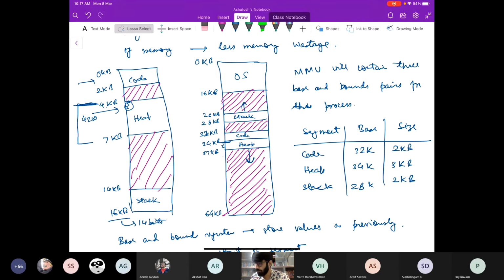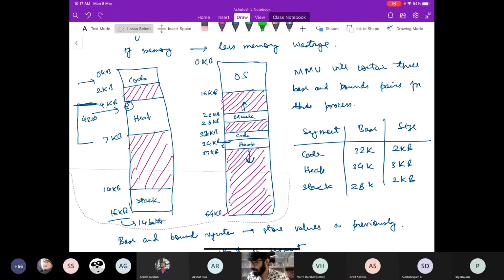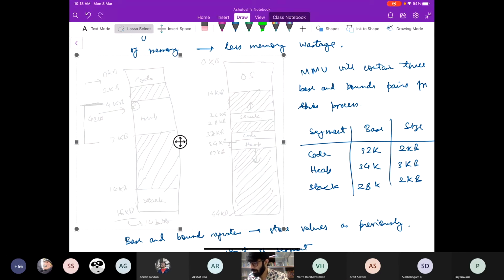No. Seems like I can only move it. Let me try it once more. No. There might be some way to do this, but I'm not able to find it right now.